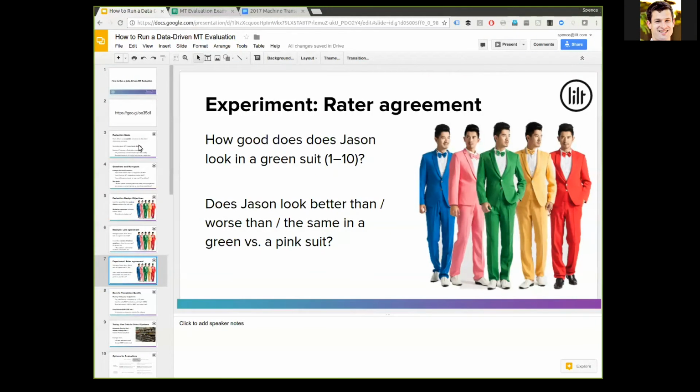We've got 10 different observations, and here's what the votes look like. You have 2 people who think he looks pretty bad, a 3. Most people think he looks kind of okay, either a 5 or a 6, and 1 person thinks he looks really awesome. So there's a little bit more agreement here than I would have expected. I guess most people think he looks okay.